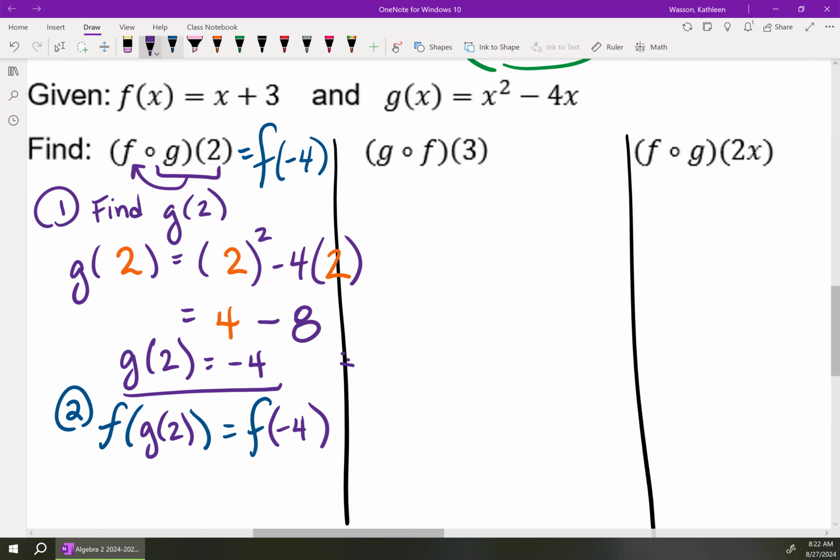So f of negative 4 will be, leave a space to substitute, add 3. And g of 2 is negative 4, so I put negative 4 into the f function. I find that f of g of 2 is negative 4 plus 3. That's negative 1.